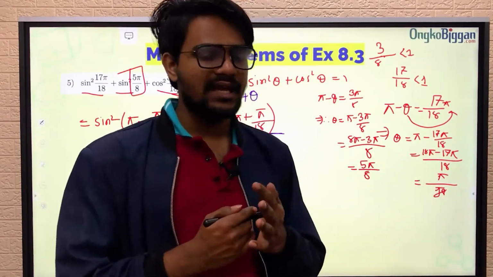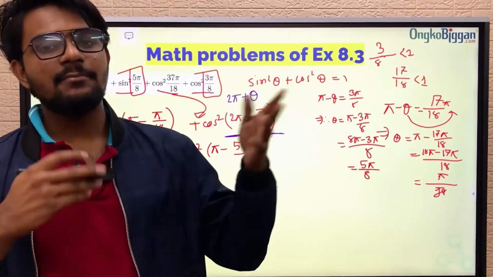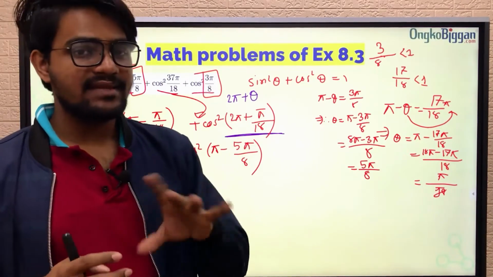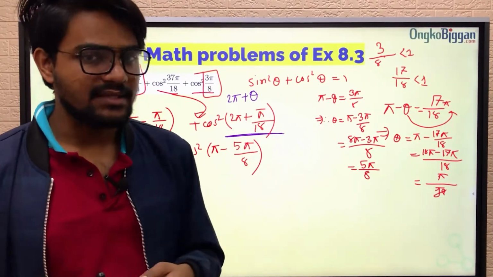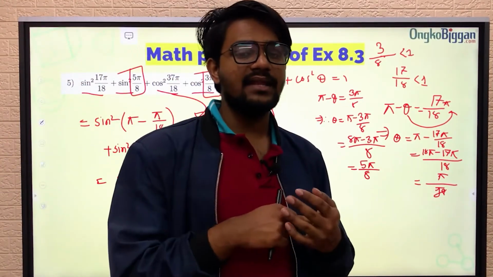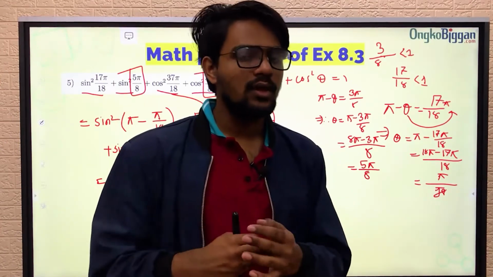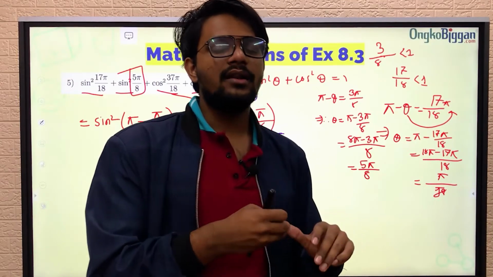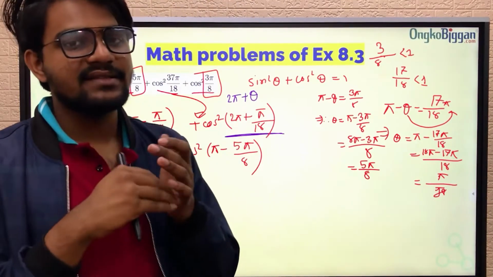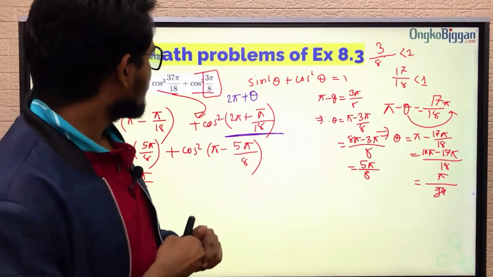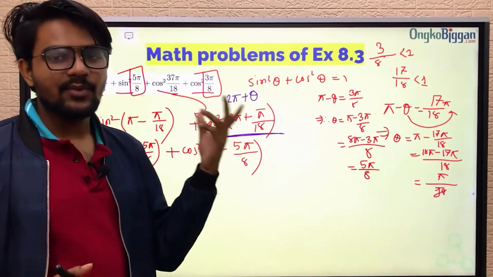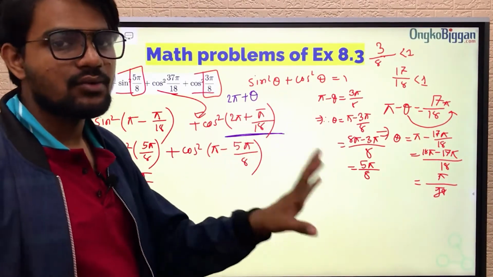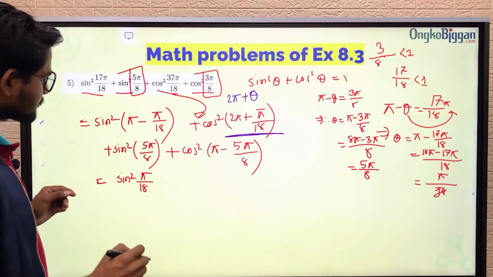And when we are using the form n pi by 2, where n is even, as in the case of pi minus theta, the value of n is 2, and the 2 in the numerator and 2 in the denominator cancel out and we get a pi. The name of the ratio, sine, will not be converted into cos, and vice versa.